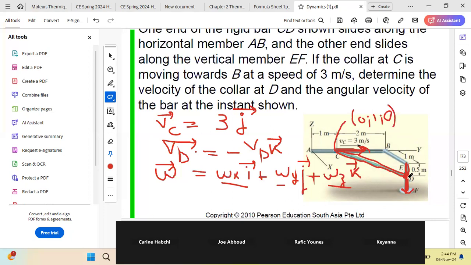Now for point D, along x, it's plus 1. Along y, it's 1 plus 2 equal to 3. And along z, it's minus 0.5.